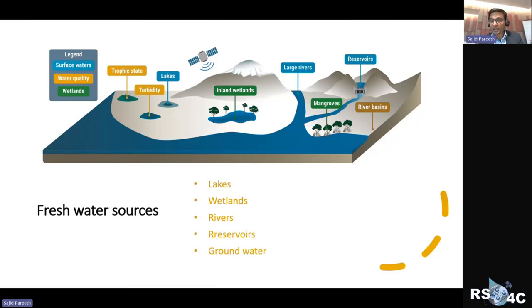So this diagram gives you an overview of the freshwater sources actually, the lakes, the wetlands, how these are placed in the larger hydrological aspect, and how we can either have the field-based monitoring, field-based measurements, or we can use technologies like satellites to monitor these sources.